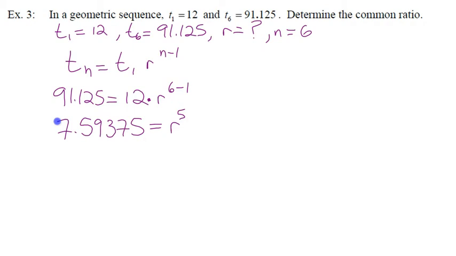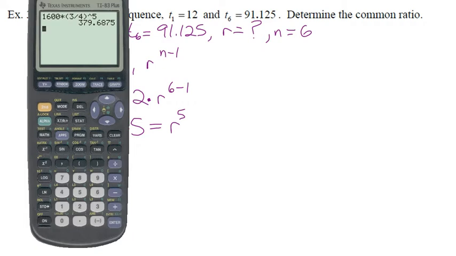You've got this number sitting there. You can go second function, or you can do 5, second root, 5 math, and then pick the xth root. Here, I'll show you. So it was 91.125 divided by 12.